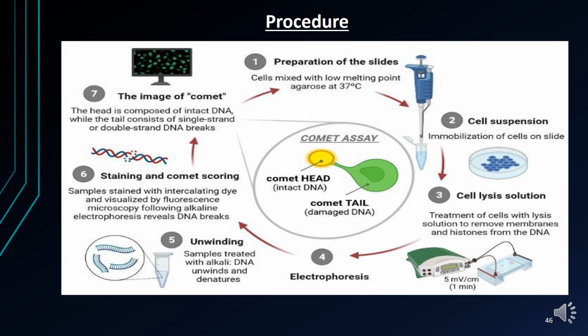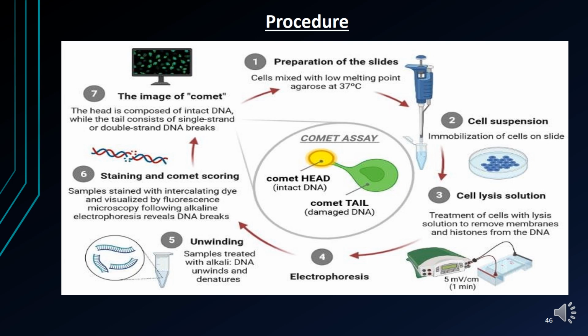Staining will be done using some intercalating dyes and visualized by fluorescence microscopy following the alkaline electrophoresis. This microscope will be connected to particular software using a high resolution camera, and the comet form is observed under the microscope.